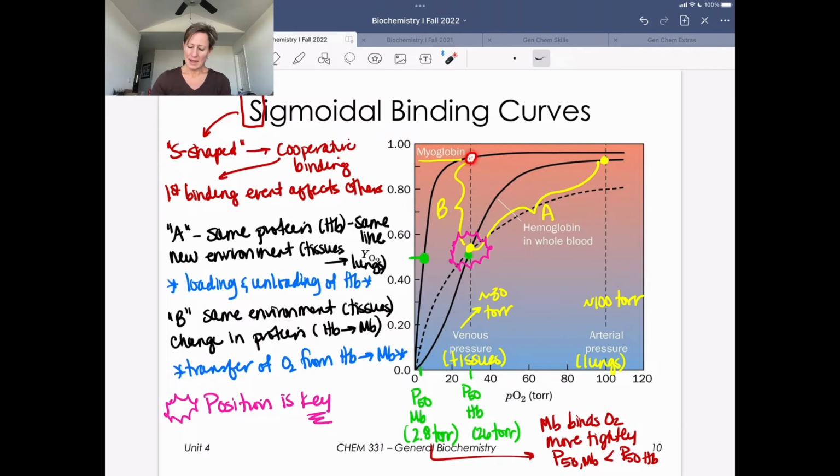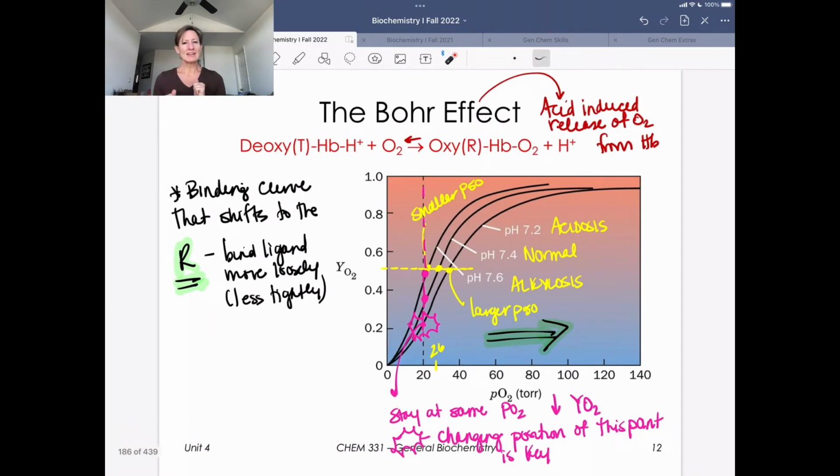And the difference in magnitude between these two points represents the magnitude of transfer of oxygen between hemoglobin to myoglobin. And the greater that distance is, the more this point is lowered, the greater efficiency of transfer, the more of our bucket of oxygen from hemoglobin is dumped so that myoglobin can pick it up. Okay, so that is the Bohr effect.